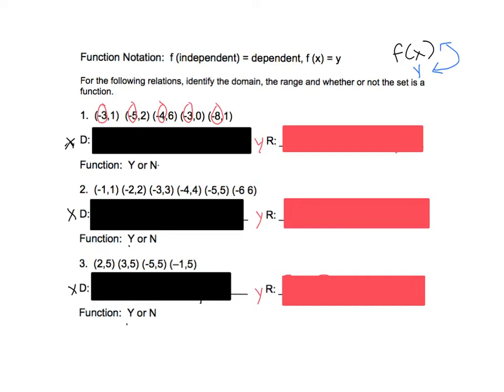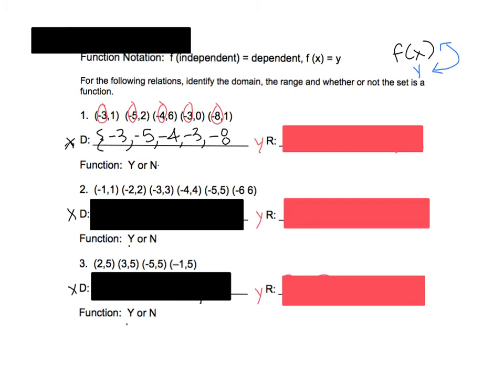When you list domains and ranges, you should list them in order from least to greatest normally, but I'm not going to be super picky about it. Also, if you have multiples of the same number, you technically do not have to write it more than once, okay? But it's not a big deal if you do. So this domain would be listed as such: -3, -5, -4, -3, -8. Okay, that is our domain.